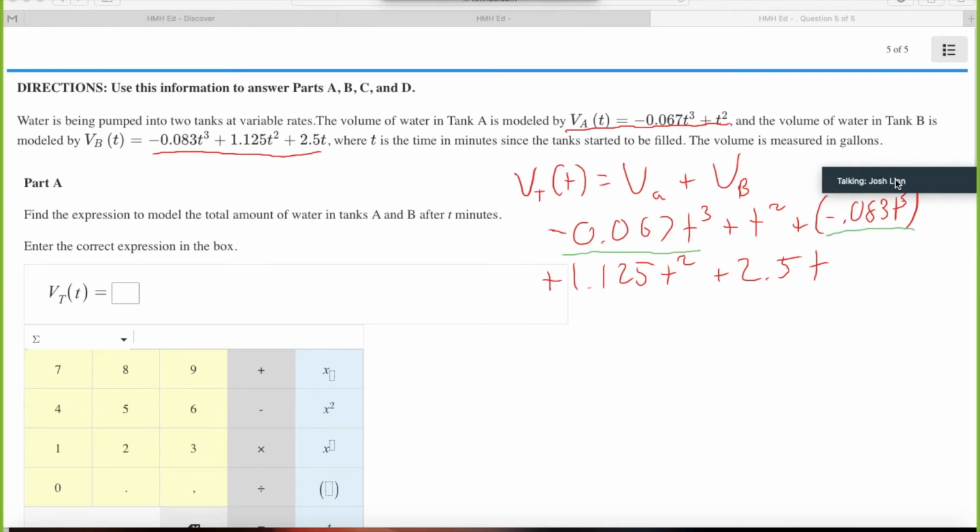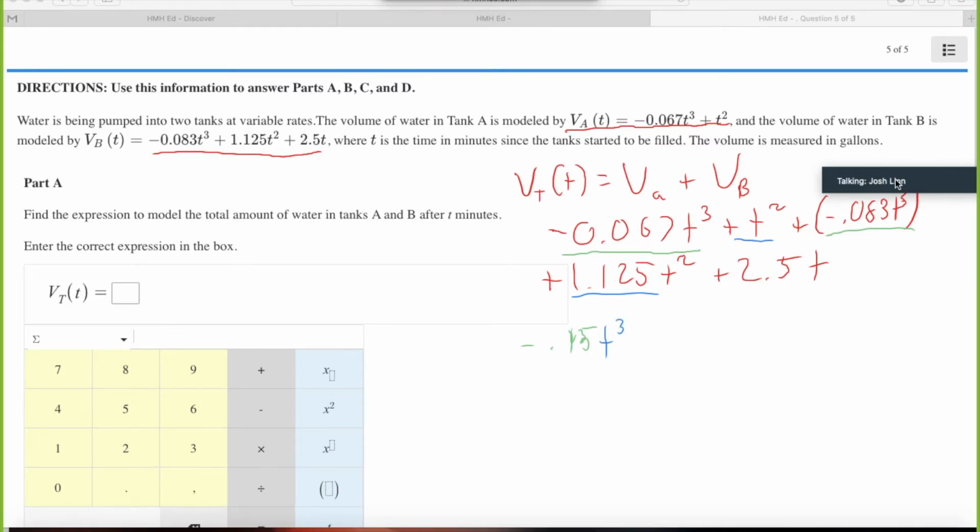I'm sure you all can do math better than I can, but whatever. 0.067. So we're going to have a negative 0.15. We've got a T squared and another T squared.